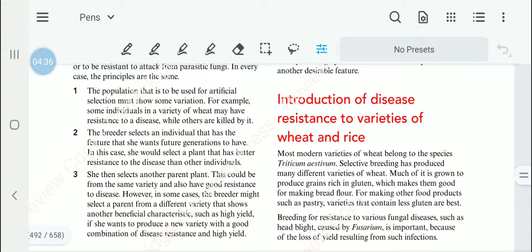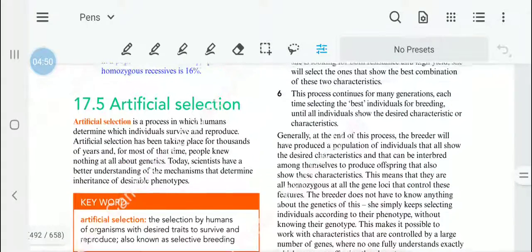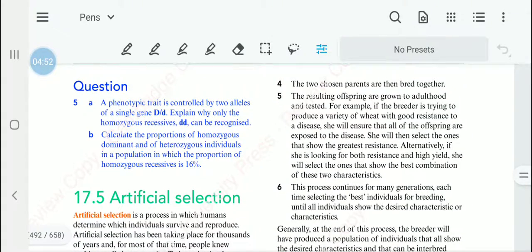If she combines these two varieties, she will produce a new variety that did not exist earlier, with a better combination of disease resistance and high yield. These chosen parents would be bred together, which might not happen naturally, and the resulting offspring will be allowed to grow into adulthood and be tested.